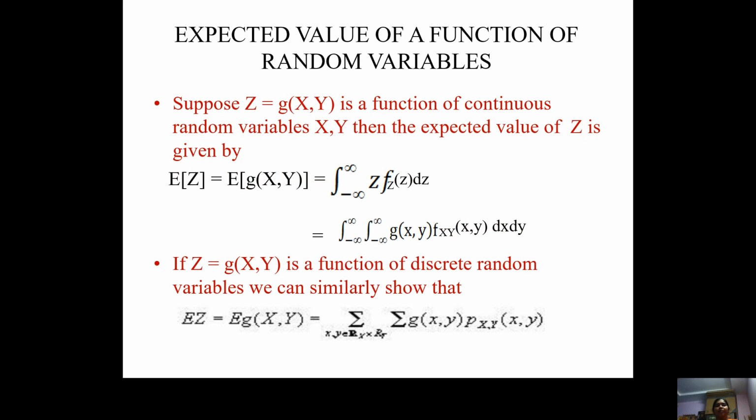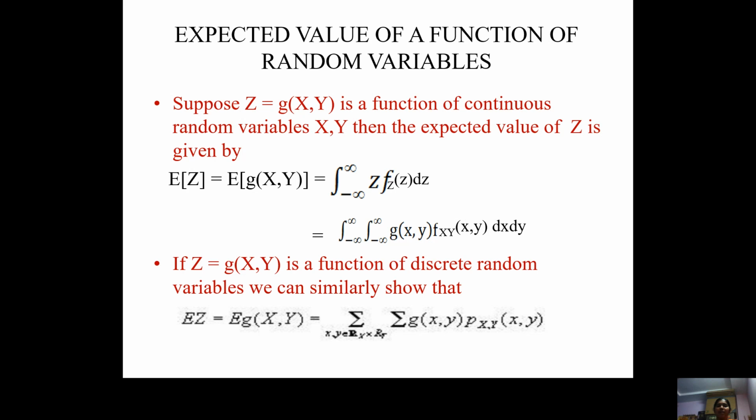So let us see the expected value of a function of random variables. In the previous class we also discussed this, so let us recall it once again. Suppose z equal to g of x comma y is a function of continuous random variables x and y.